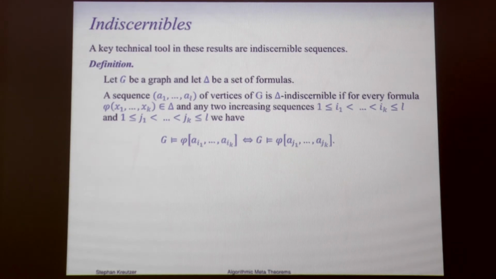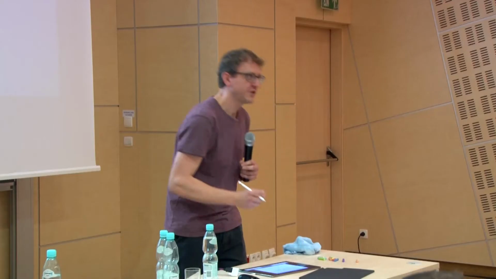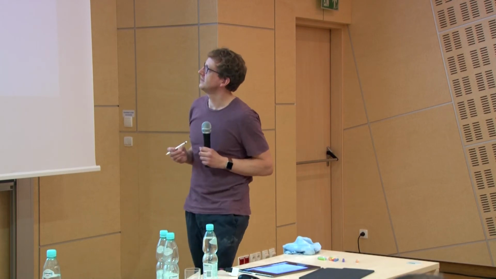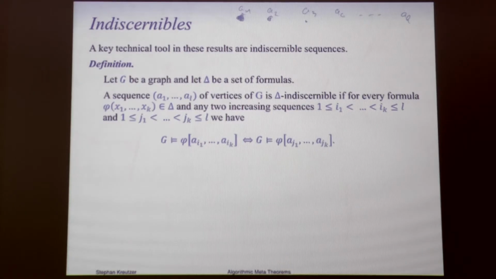So let's draw a picture. You have this set of vertices, A1, A2, A3, A4, and so on. This is very long, a long number of AL, actually. Now you have this formula. It has k free variables. Obviously, k needs to be smaller than L, otherwise you can't do anything.